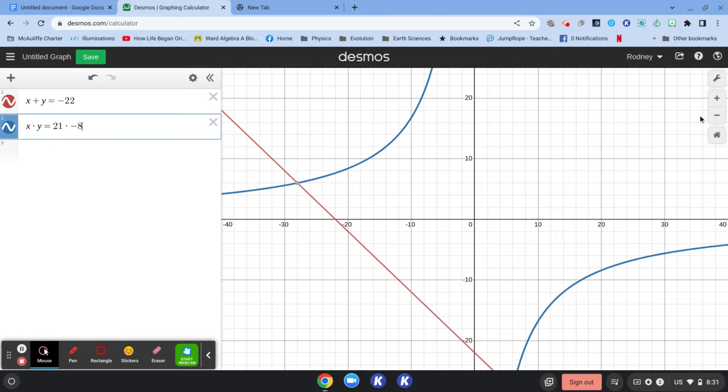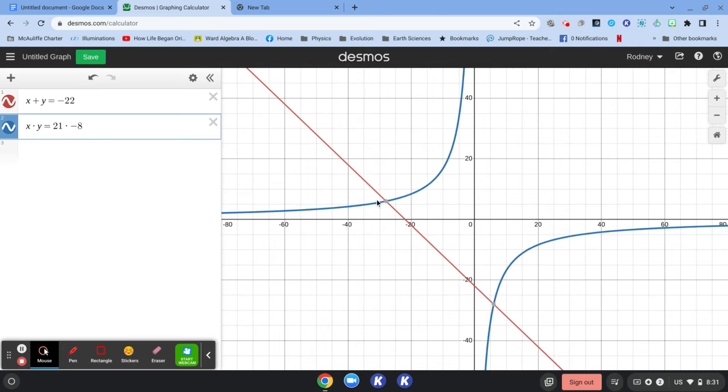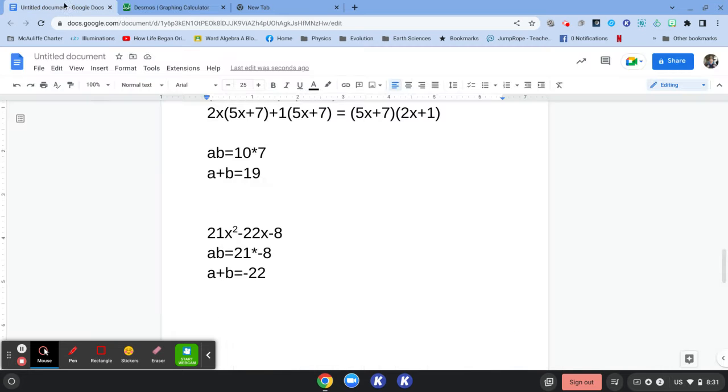Now this time, we get this kind of graph. And we got this intersection and this intersection, 6 and negative 28, negative 28 and 6. And so we're going to split this up.